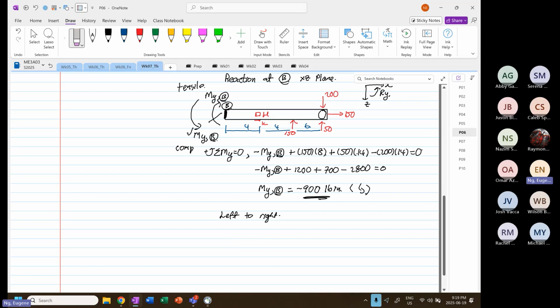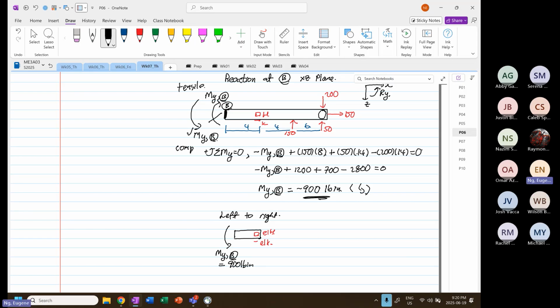So now, this is our element H, and then we have our element K. And we know that this is the right direction from moment MY at point B, which is equal to 900 pound inch.